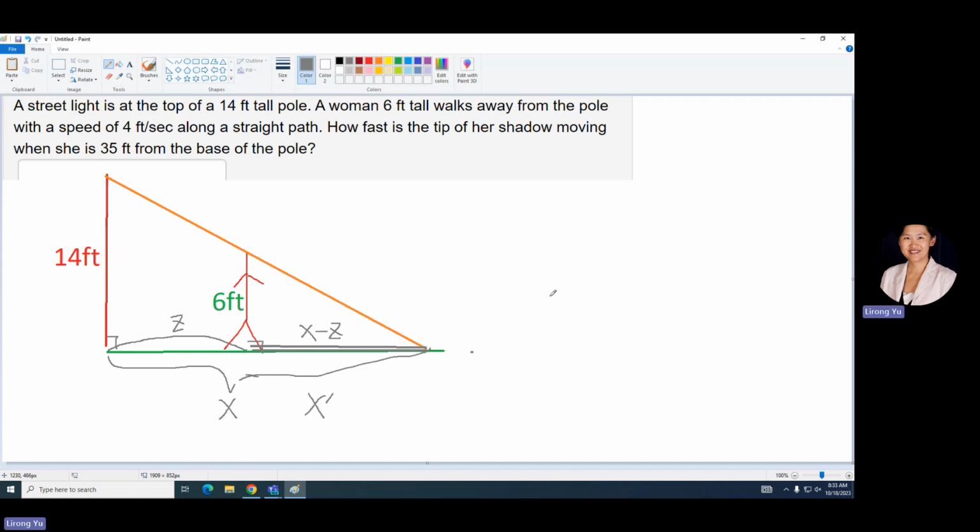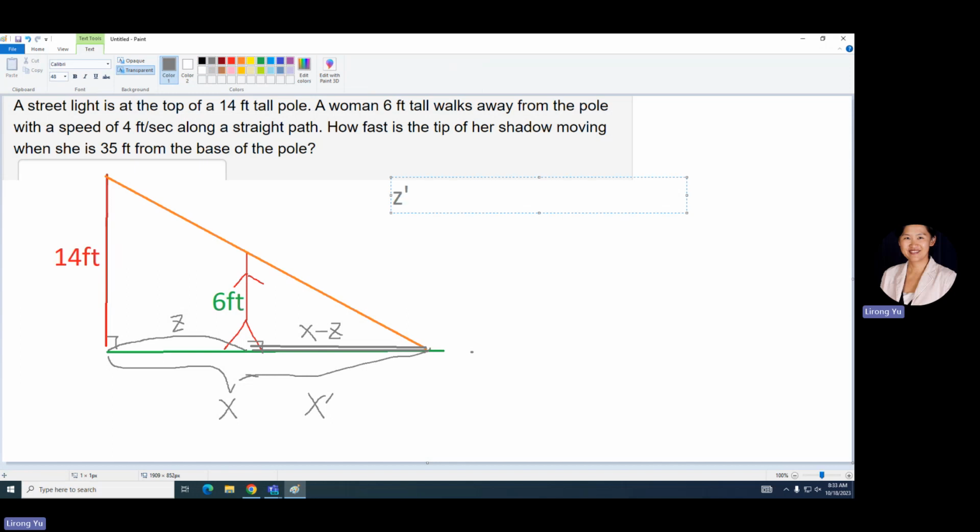Any questions? I'm representing this by z because I know this person is moving. So the speed of the person is 4 feet per second. We were given this rate: the rate of change for z is 4 feet per second.